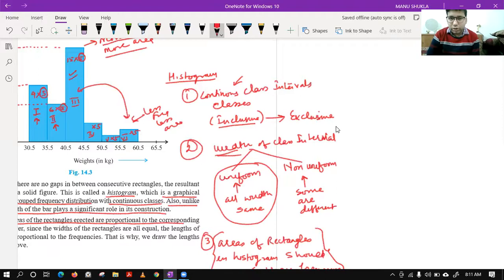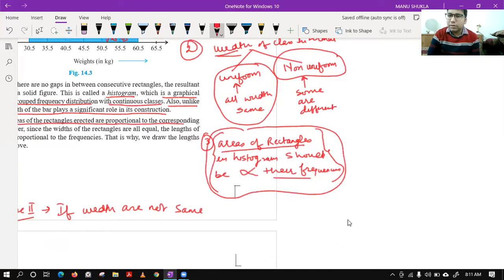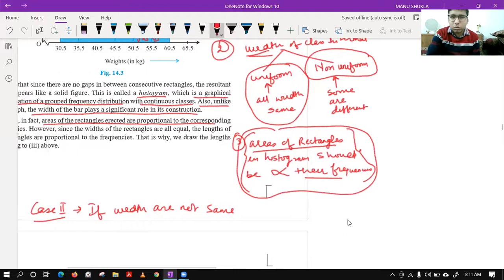But the issue will come when there is a difference in the widths of these class intervals. The problem occurs because the rectangles erected in the given histogram should have areas proportional to their frequency. We understood this yesterday also.